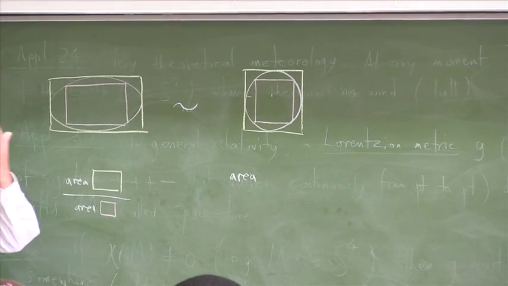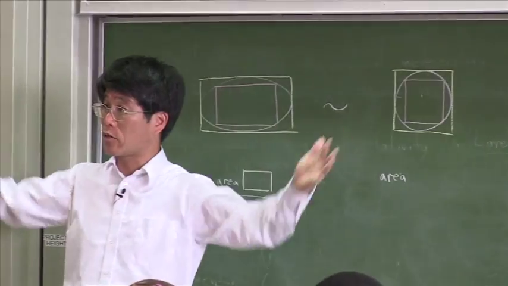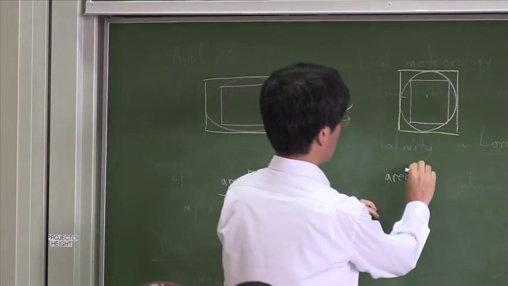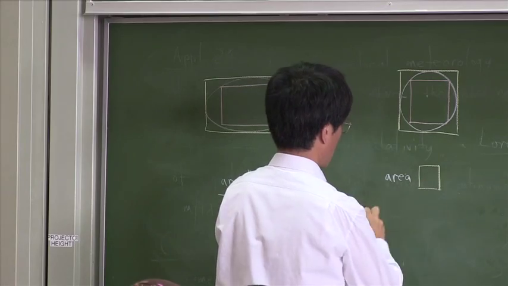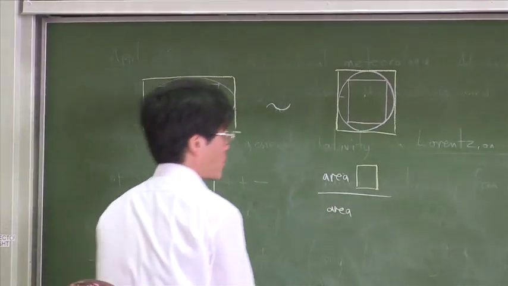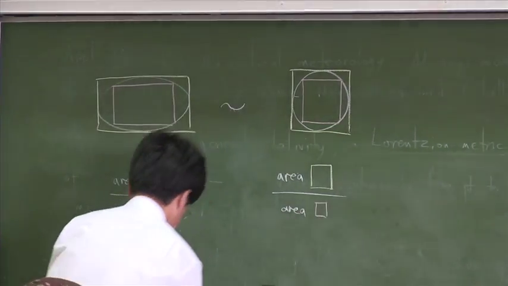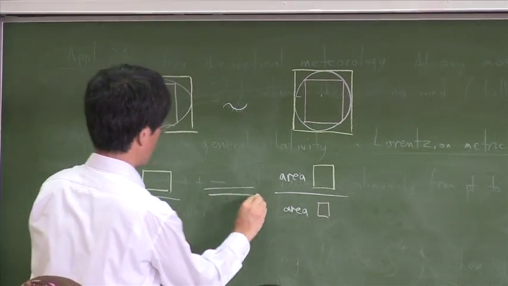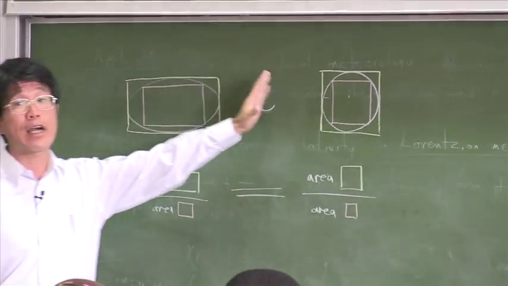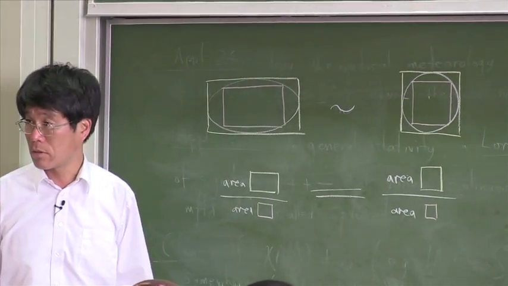Is that okay? Because I'm just scaling one direction by some factor. So the area of this big square over the area of this small square is exactly the same as the previous area. So the ratio of areas is invariant under this deformation.